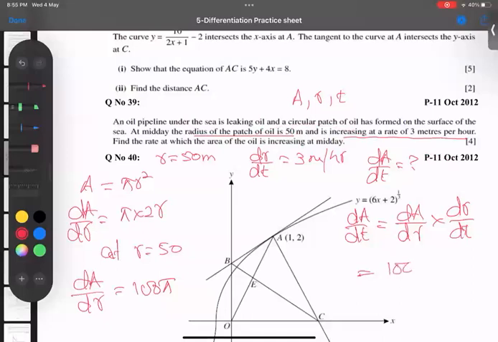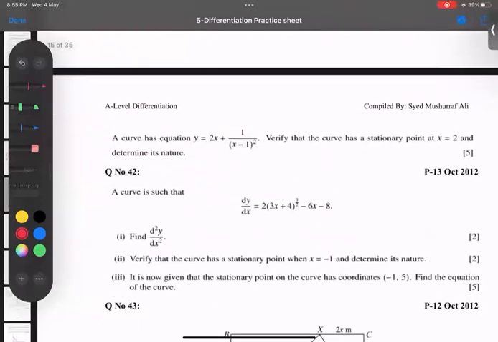So we get 300 pi, with A for area and T for time. I think it is very clear. Area is in meter squared and per hour.